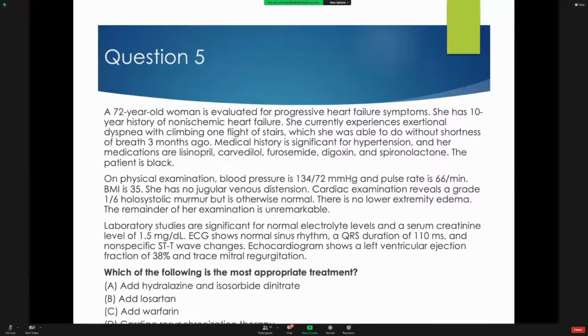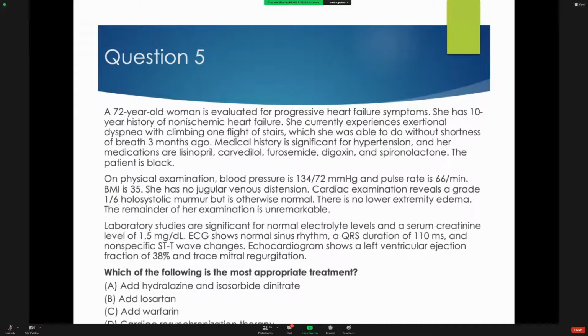Okay, sinus rhythm, there is no indication to start warfarin. You will use it only if the patient has atrial fibrillation, pulmonary embolism, or DVT, or if the patient had a mitral valve replacement, and there is nothing in the history suggestive of that. So C is out.